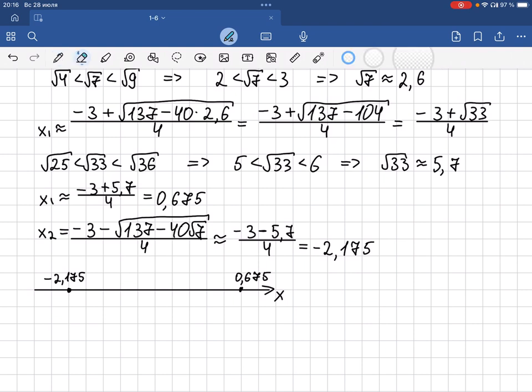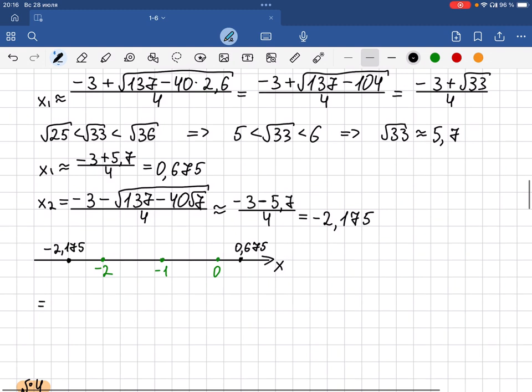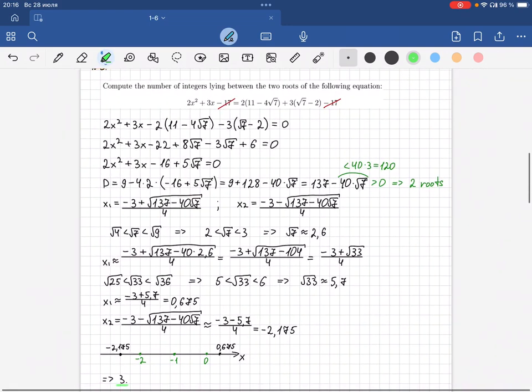And we have several integers between these two roots. So the first one is minus 2 somewhere here. We also have minus 1 and 0. So there are three integers lying between these two roots. So the answer to this question is just 3. And this is our solution.